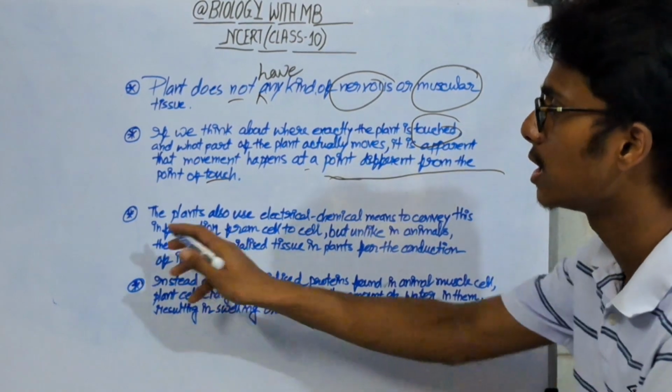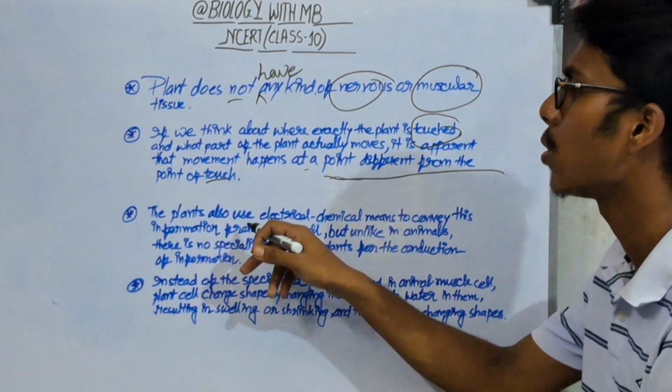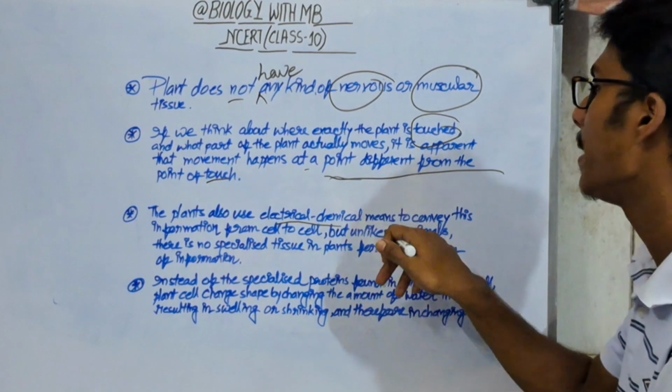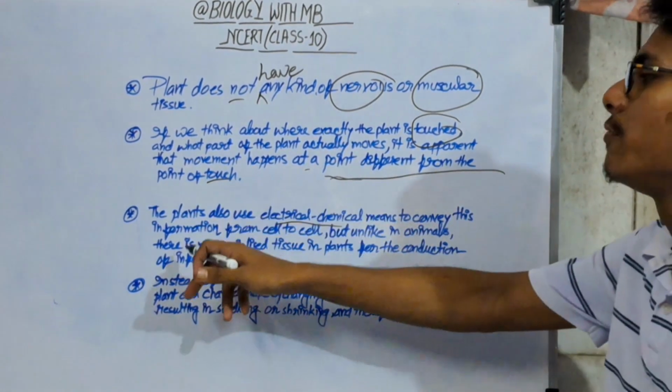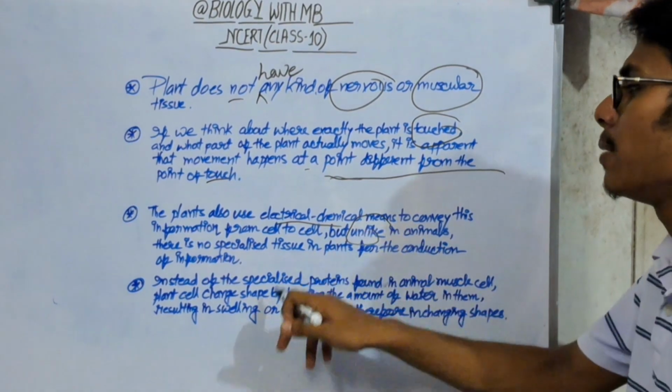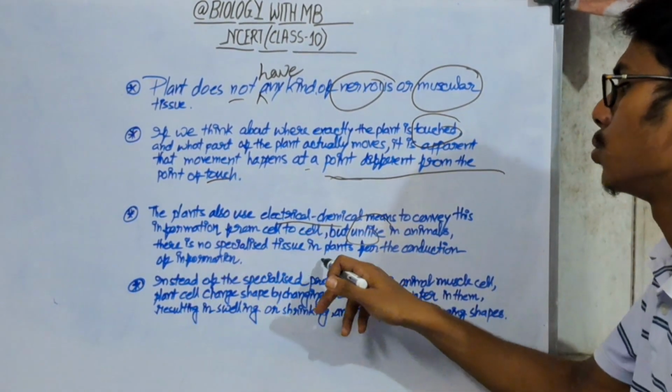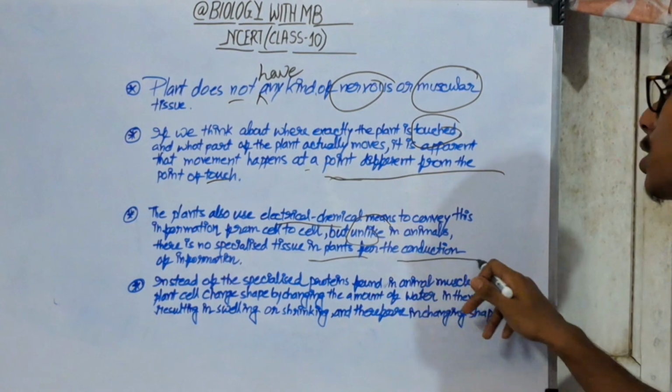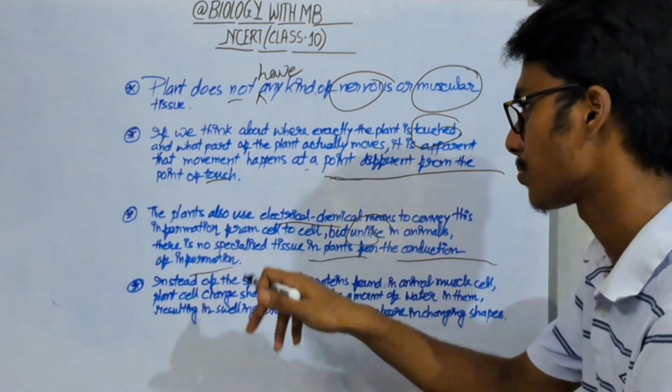Now the third point: plants also use electrical or chemical means to convey information from cell to cell, but unlike in animals, there is no specialized tissue in plants for the conduction of information.